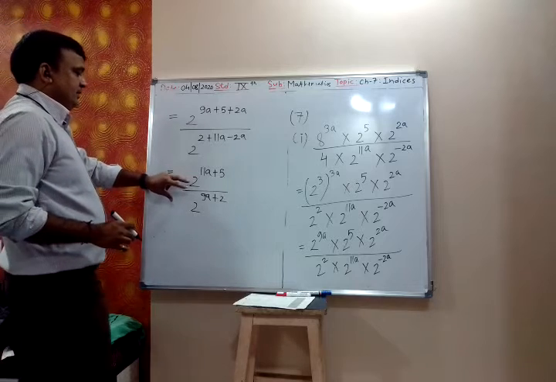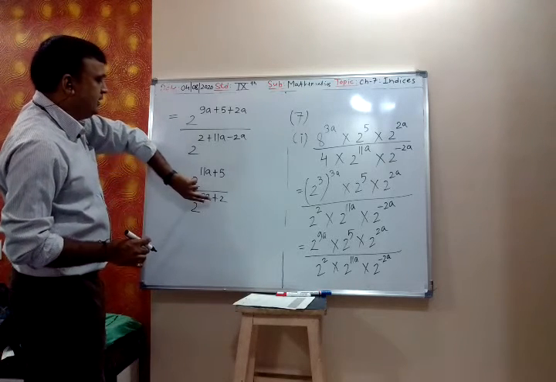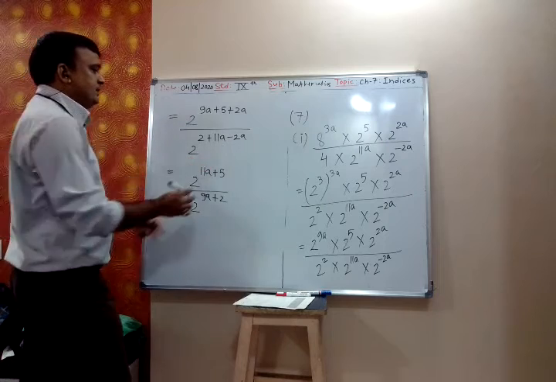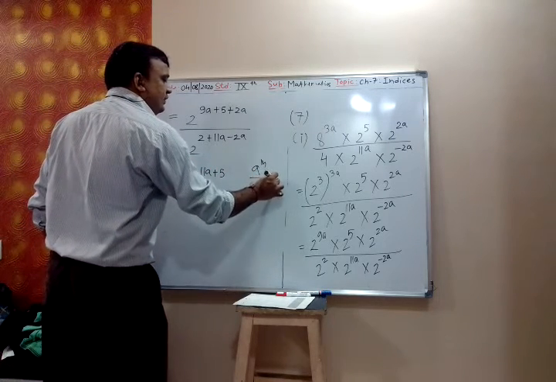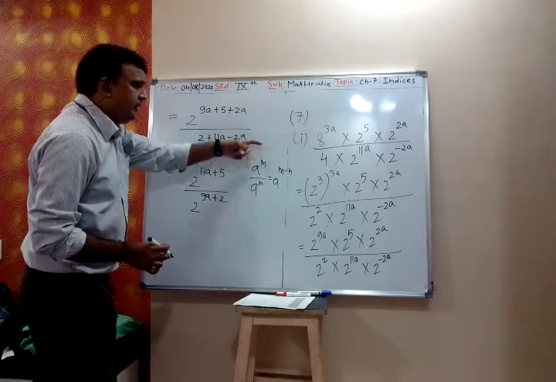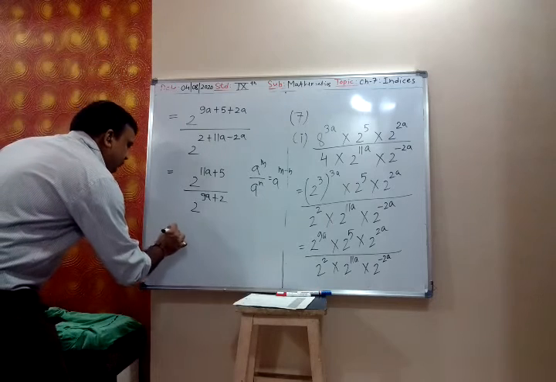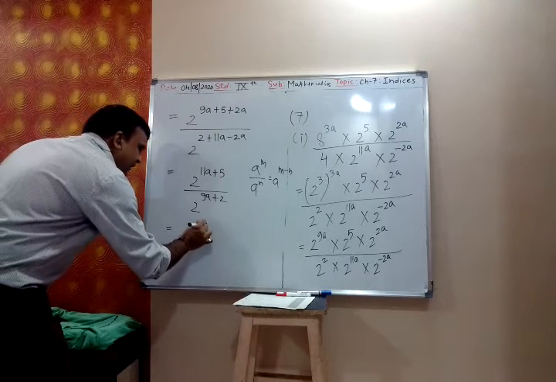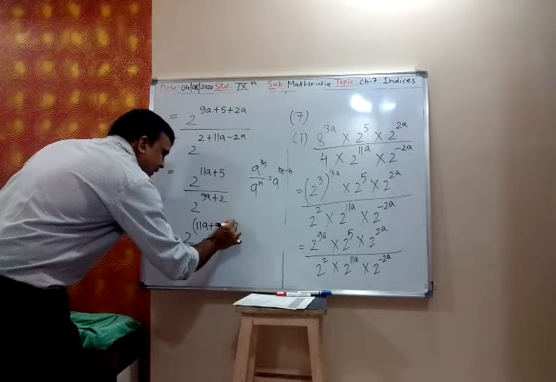Now there is division with the same base, so a raised to m upon a raised to n can be written as a raised to m minus n. So it will be 2 raised to 11a plus 5 minus (9a plus 2).